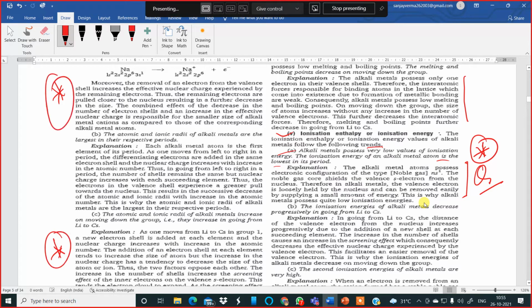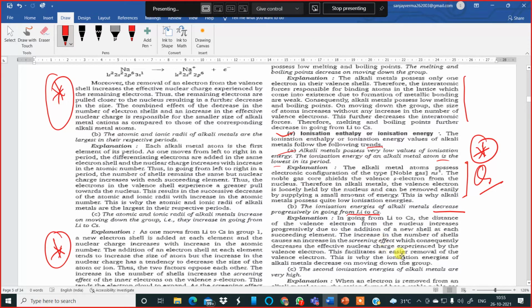Then coming down to the ionization energy of alkali metals: going from lithium down the group, it decreases. The reason: in going from lithium to cesium, the distance of the valence electron from the nucleus increases progressively due to the addition of a new shell at each succeeding element. The increase in the number of shells causes an increase in the screening effect.